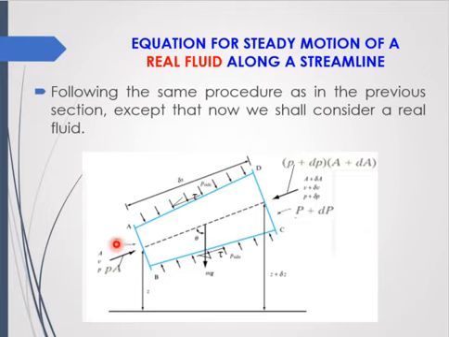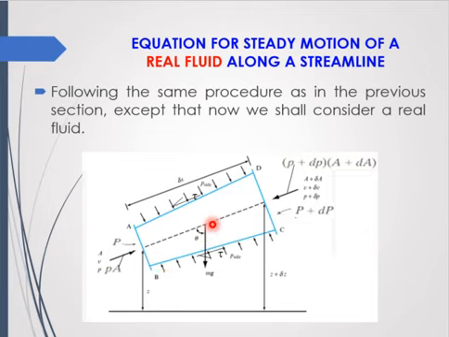Here capital P is the wetted perimeter on this side, and P plus dP is the wetted perimeter on this side, where the distance between the two sections is delta S, and this is the elevation Z and Z plus delta Z, and this is the weight component acting downward, and we have taken its component in the flow direction.